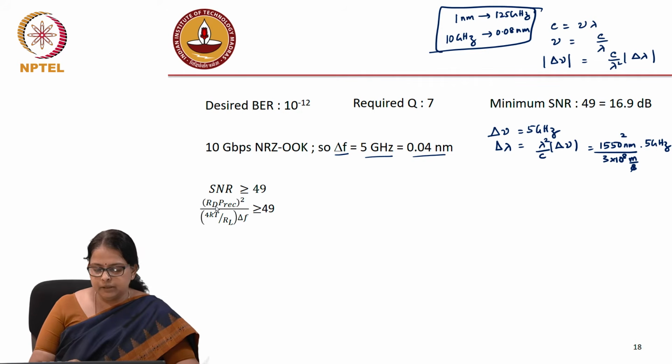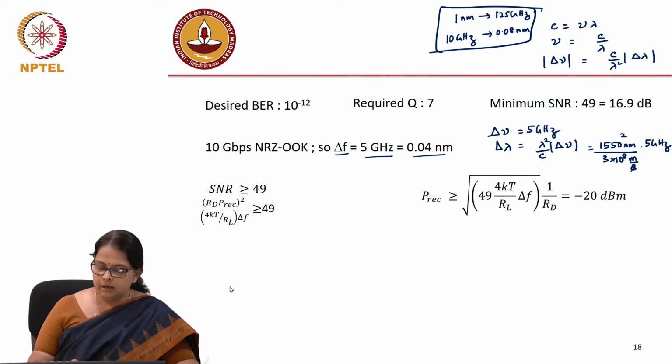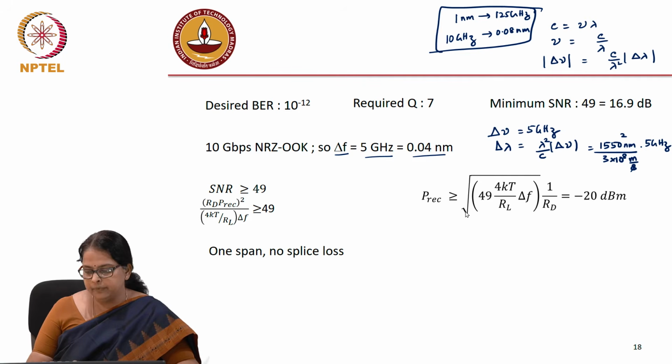We know that the SNR should be greater than 49. So you substitute signal power divided by noise power. You operate in the thermal noise dominated regime. Work out what is the received power, like how we did in the last problem. So it means that the received power must be greater than minus 20 dBm. There's only one span. There's no splice loss.